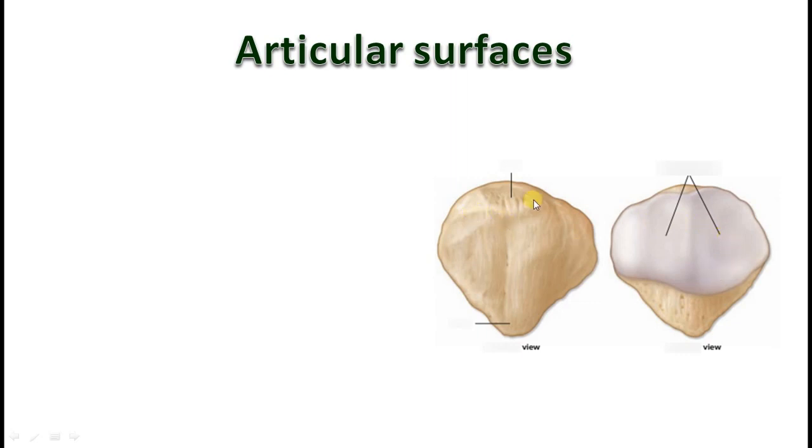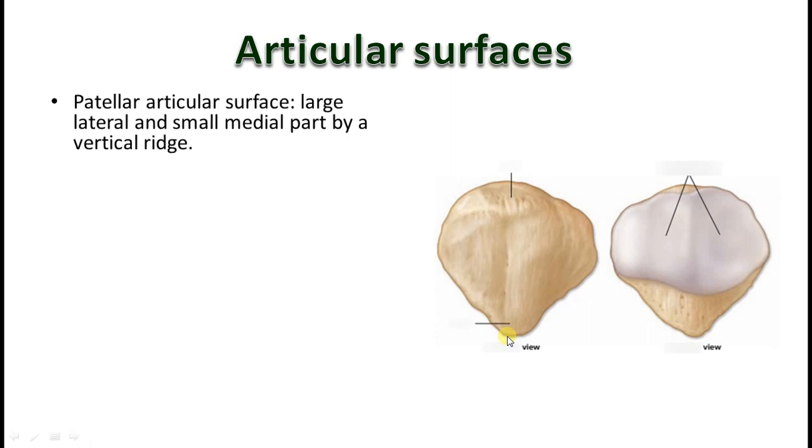This is the base and this is the apex. What is attached to the apex of the patella is the ligamentum patellae. If you look at the articular surface of the patella, the posterior surface is articular, but the apex, even on the posterior surface, is non-articular, for which it gives attachment to the ligamentum patellae.